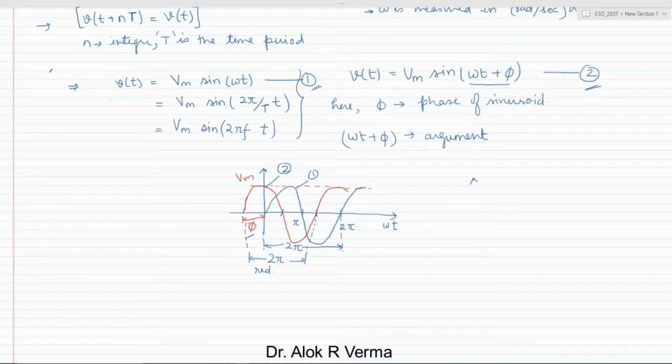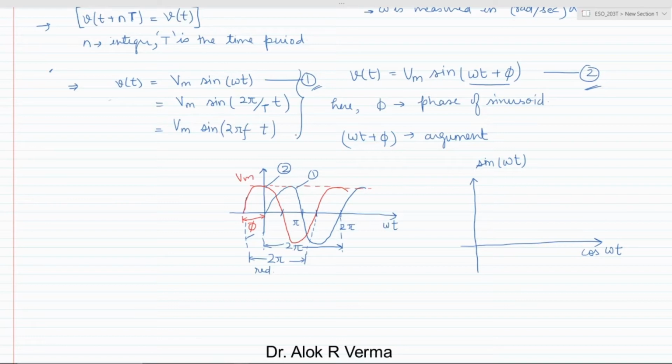So here if you draw, suppose this is the axis of cos omega t, and this is sine omega t. Normally they take the reference, and you can take any kind of values.